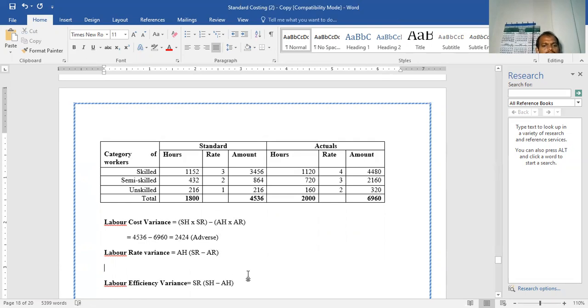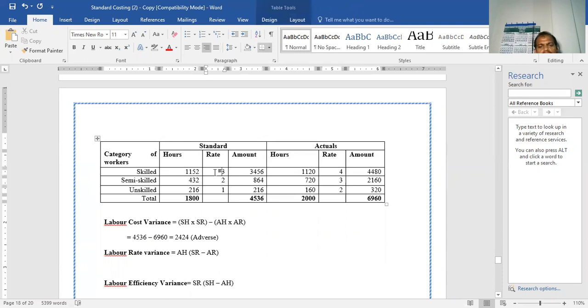Coming to the labor rate variance, with this table we can identify the variances simply. What is the prescribed rate? 3. How much did we pay? 4. That means 1 rupee extra, so adverse variance. We crossed the limit here, and for unskilled also we crossed the limit.